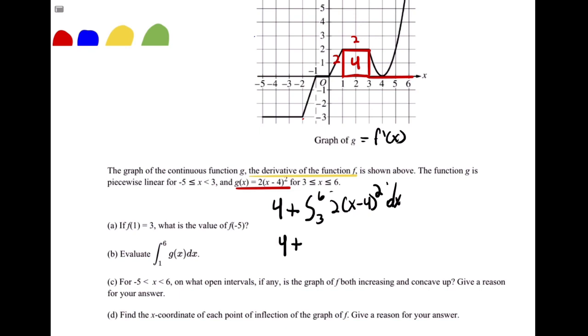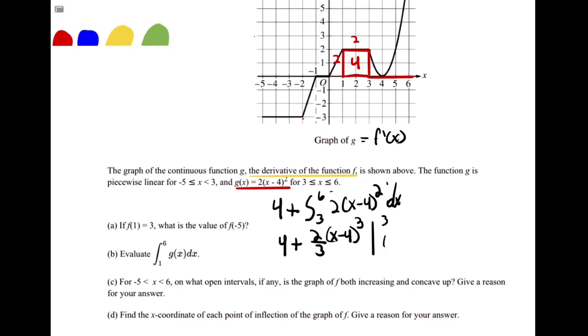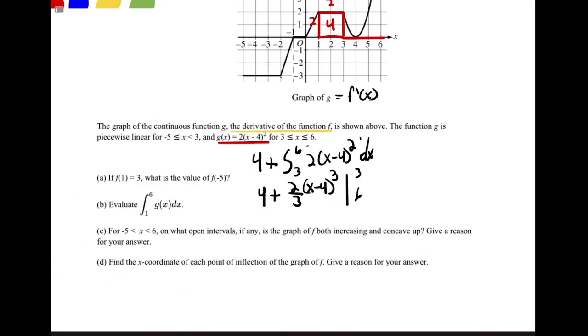So it would be 4 plus the integration, which is 2/3 times (x minus 4) raised to the third power, from 3 to 6.